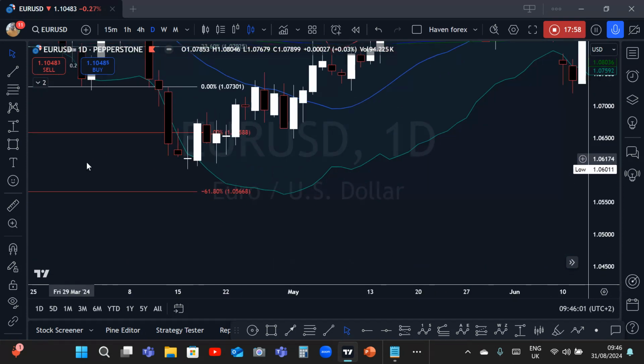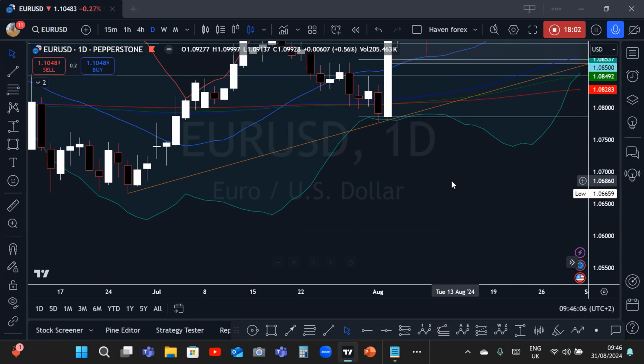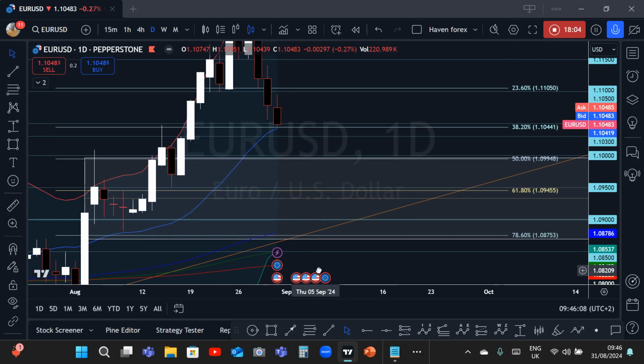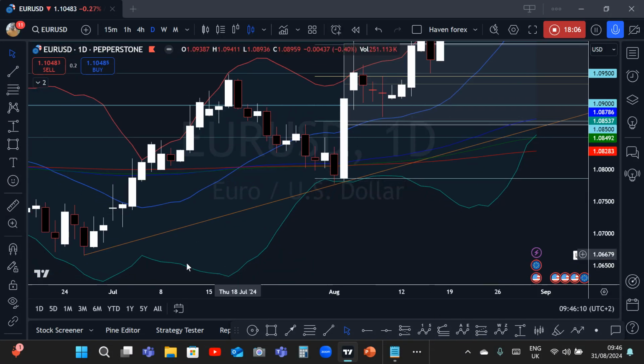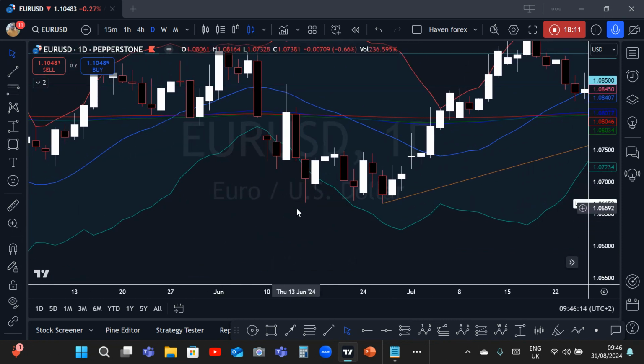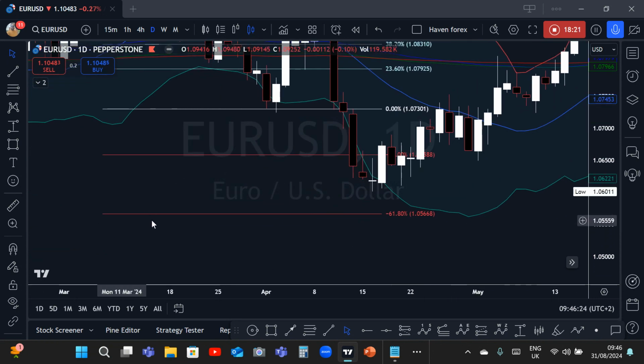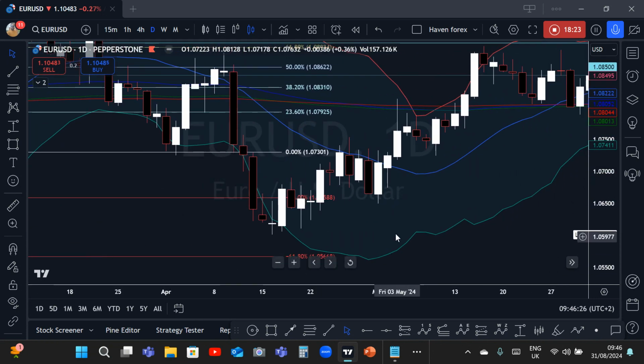And the same thing is applicable on the downside. Once you see there's a breakout and there's a rejection there, you just go long. So that is what the Bollinger Band does.